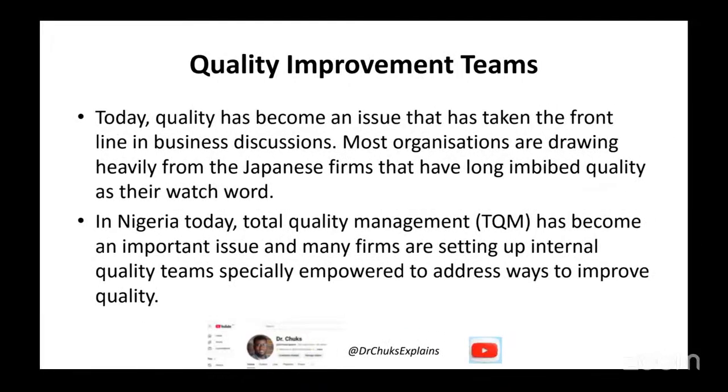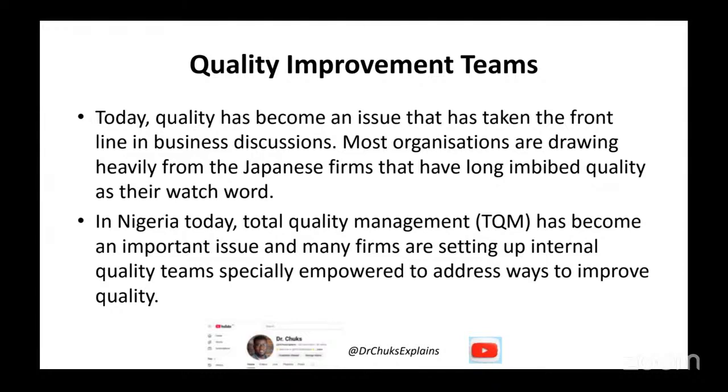The next is the quality improvement team. Today, quality has become an issue that has taken the front line in business discussion. Most organizations are drawn heavily from the Japanese firms that have long imbibed quality as their watchword.